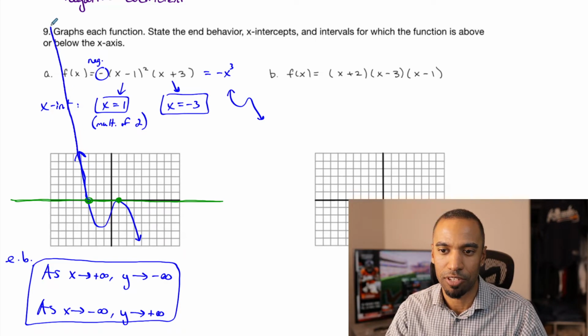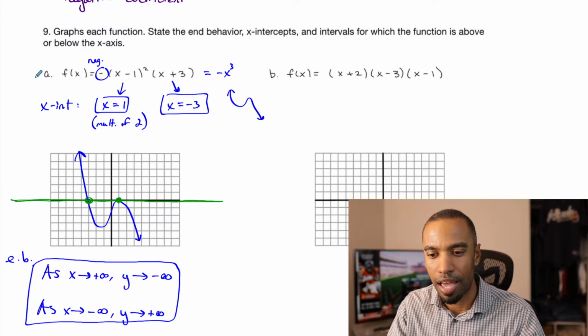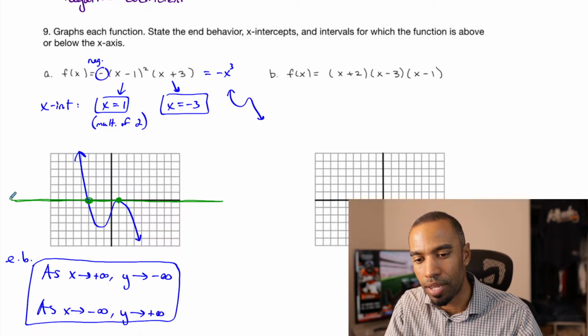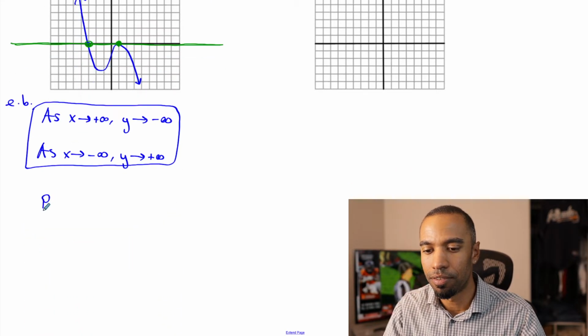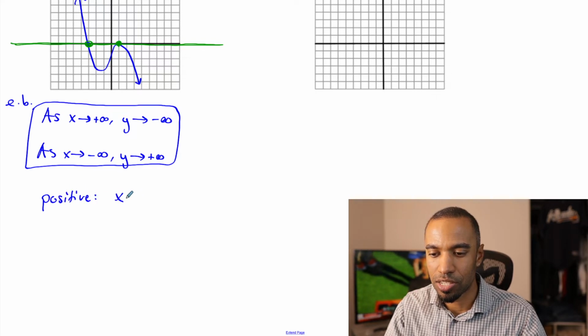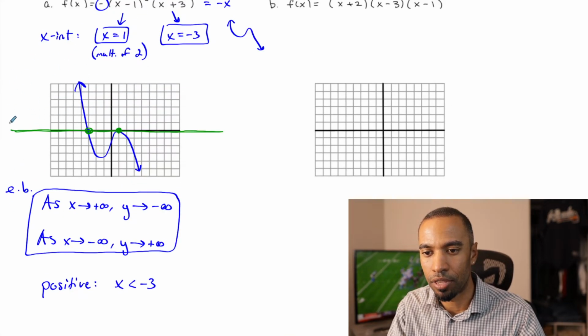Remember, it goes forever left, guys. It still goes up and left in this direction. So it goes forever left. They are forever up. That's every point that's to the left of -3. So we have positive y values when x is less than -3. All the x values less than -3, you're going to get positive y values for everything up here.